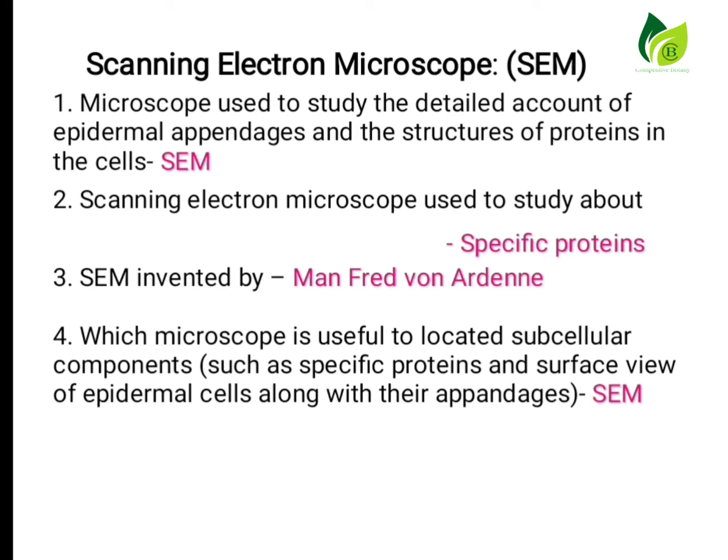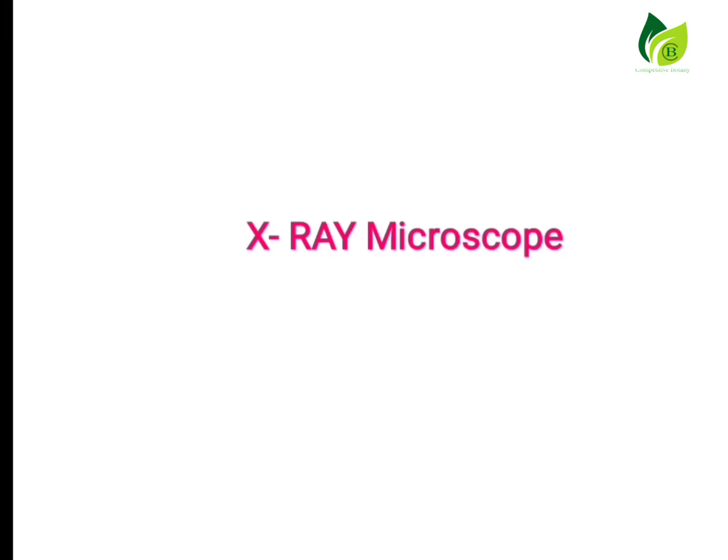Next question: which microscope is useful to locate subcellular components such as specific proteins and the surface view of epidermal cells along with their appendages? The answer is SEM. These are the previously asked questions on the scanning electron microscope. Next, the last but not least, the X-ray microscope.